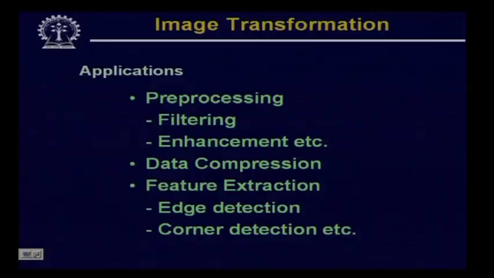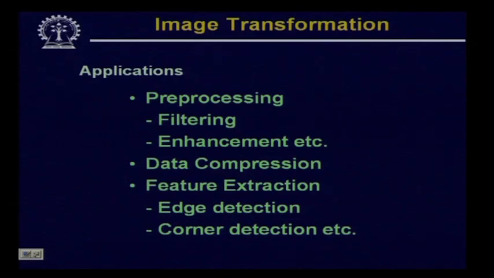These transformation techniques are also very useful for feature extraction. By features, I mean that if I am interested in finding the edges of the image or the corners of certain shapes, then if I work in the transformation domain, finding the edges or corners of certain objects also becomes very convenient.